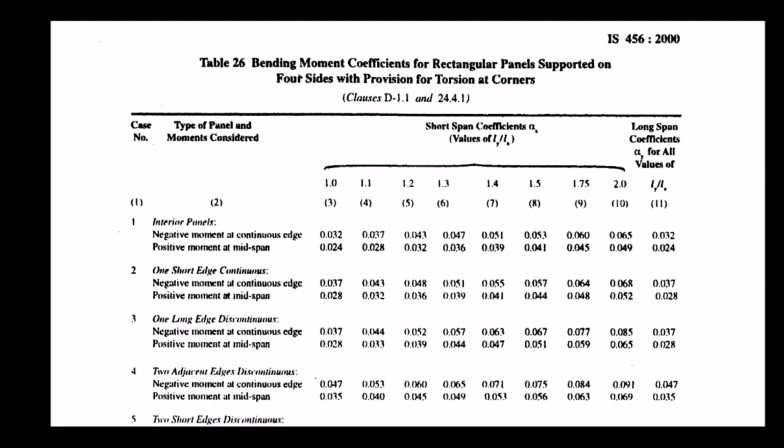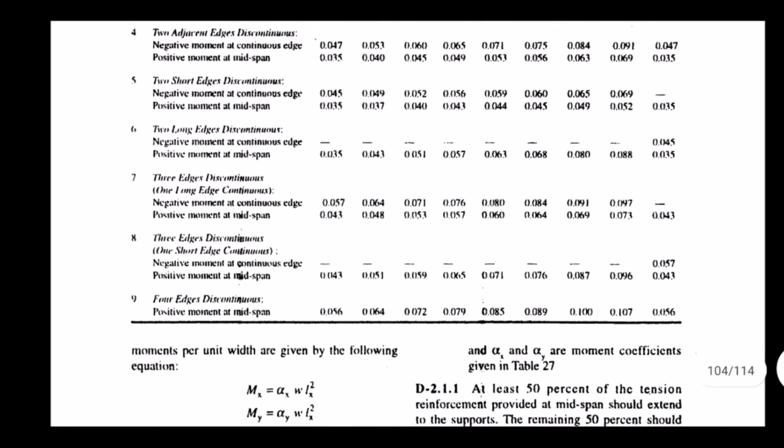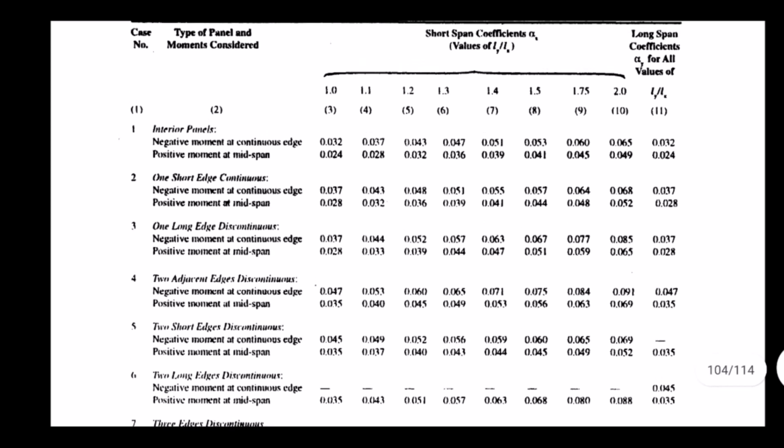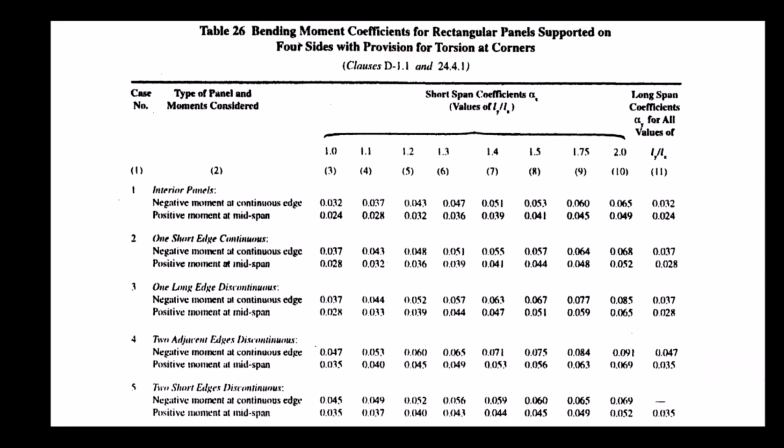So in this column the support conditions are given. As per the support condition, the coefficient of moment will change. There are a total of 9 types of support system.